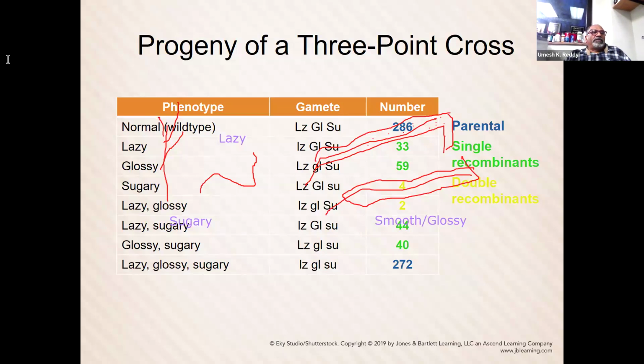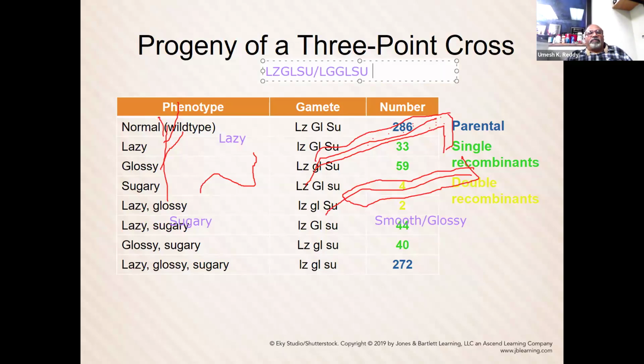So there is this cross that can be made, a plant that is capital lazy, capital glassy, capital sugary. So similarly, the homozygous plant is lazy, glassy, sugary.